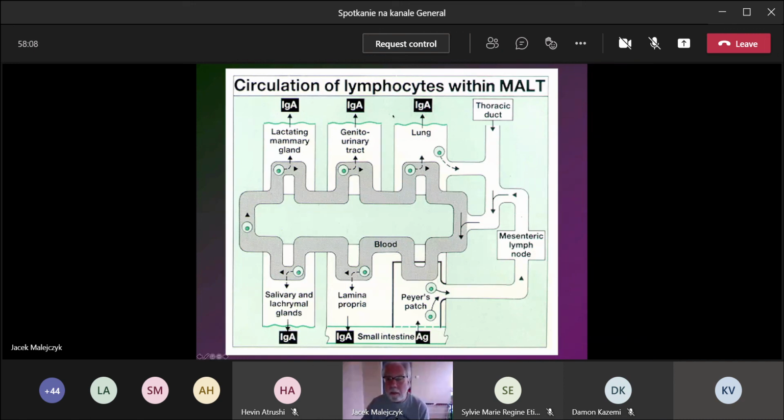And here within the epithelium, we can see the B cells producing this particular part of the antibody. And just at the end, this is a summary of the MALT. As you see, the MALT is also integrated with the lymphatic system and the blood system.